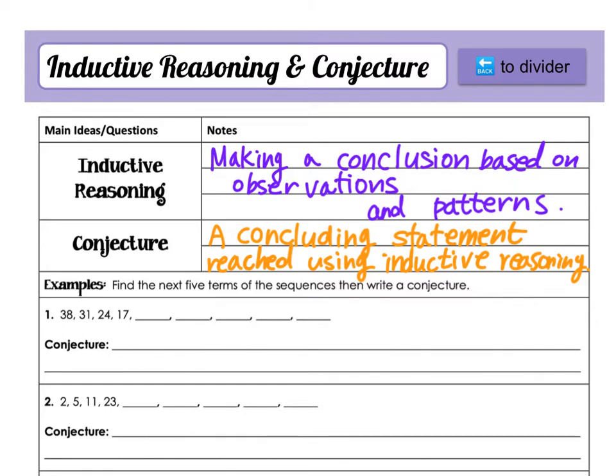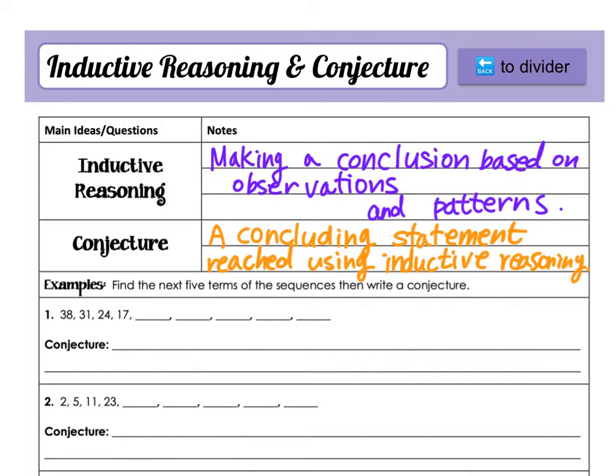Let's try an example. Find the next 5 terms of the sequences, then write a conjecture. For the first example, we have 38, 31, 24, 17. You can tell the numbers are going down, and I don't see any pattern of dividing.